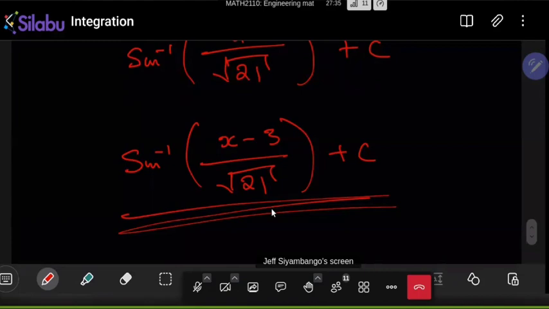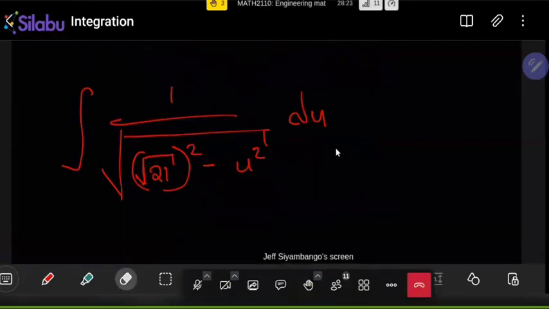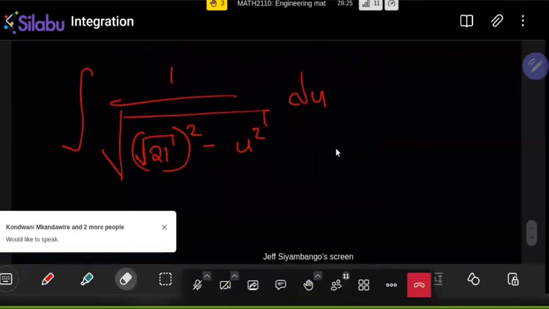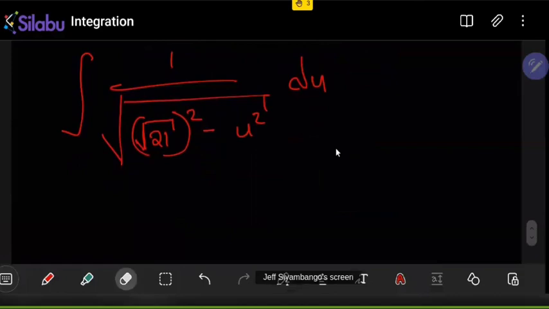You understand how I reached where this had to be root 21 squared, right? Yes. Okay. Kondwani, let me finish this first, then I'll get back to you.